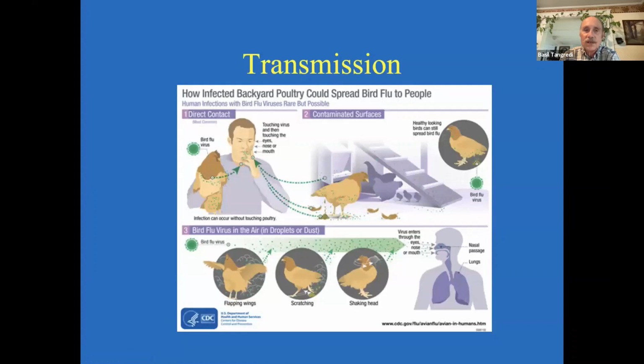Another way of contacting it is basically similar. In other words, hand contact, and one touches one's face. And it can also be in the air from the scratching of the birds, shaking the heads, and the droppings. I always encourage people, if they have backyard poultry, if you're going out to clean out the coop, wear a mask.